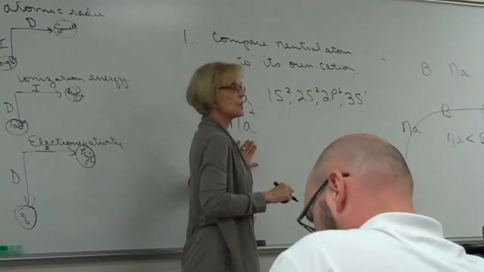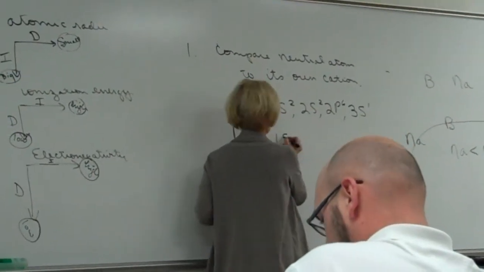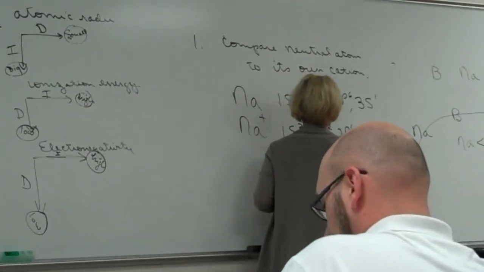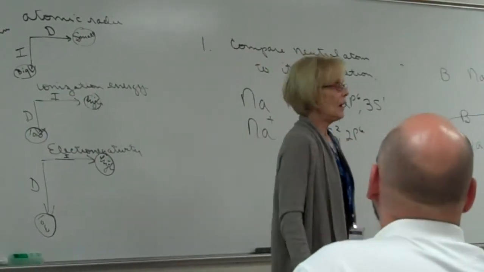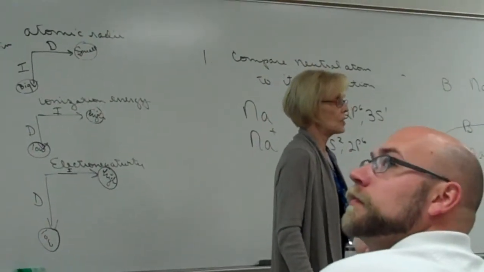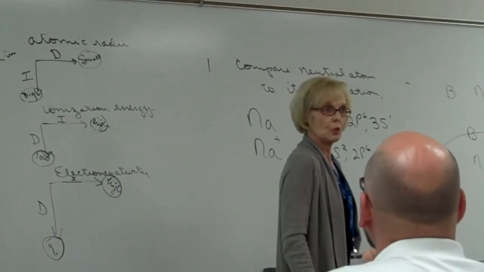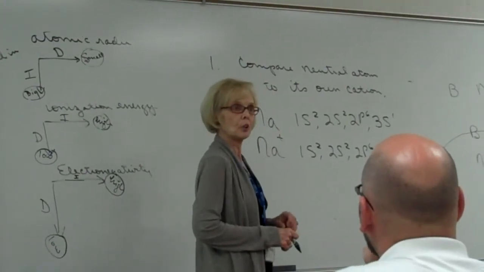Okay. Let's do the sodium ion. Liz, hit it. 1s2, 2s2, 2p6. That's it. This should give you the answer. Which is the larger of the two? Russell, where do you put your money? The regular one.